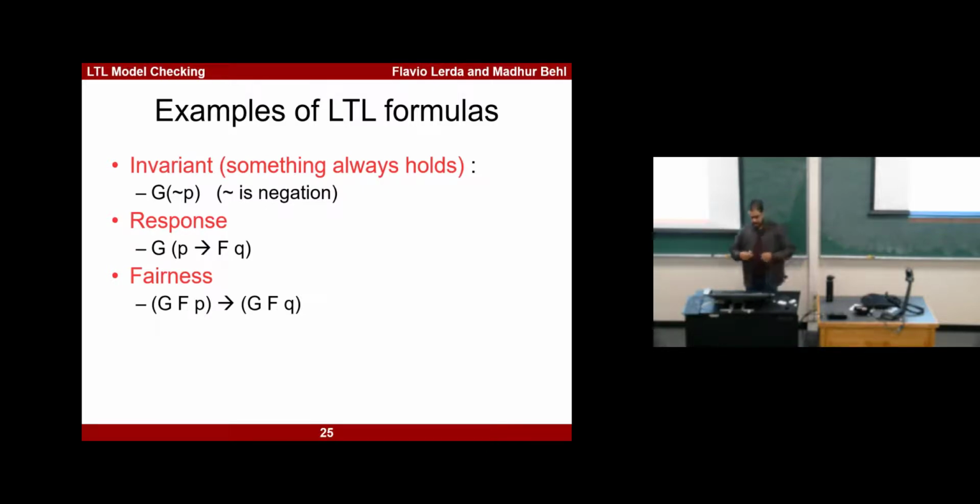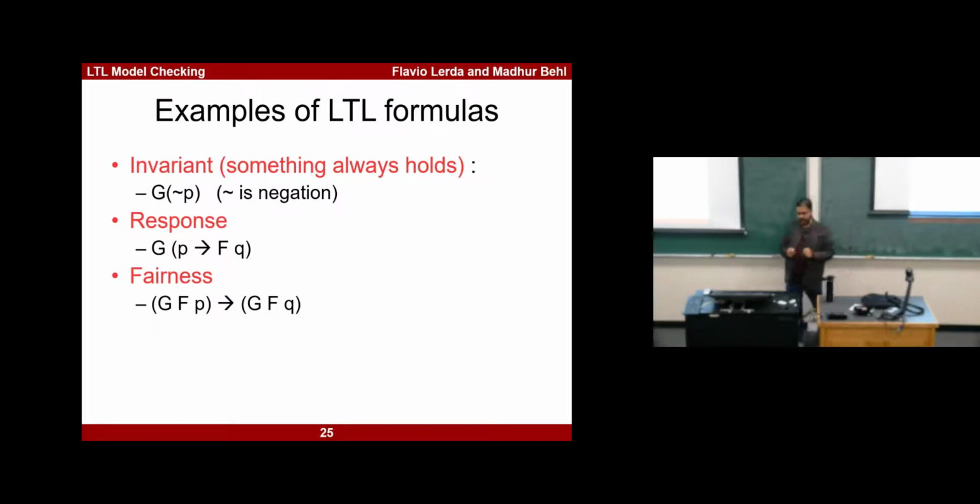And in LTL, this is called an invariant. Why is it invariant? Because it's true forever. It's not varying with how the transition system operates. And you'll see an example of this: we can specify safety properties using invariants.